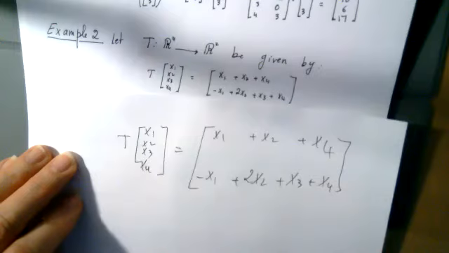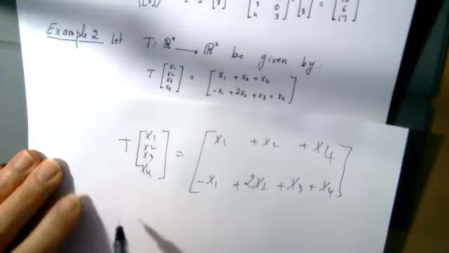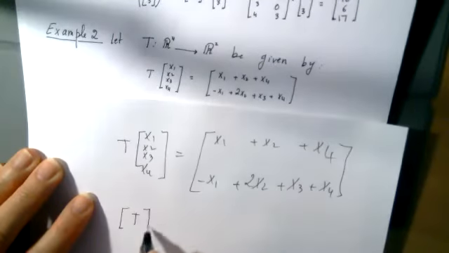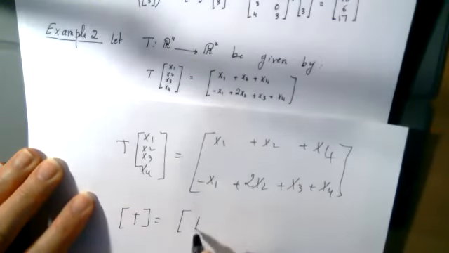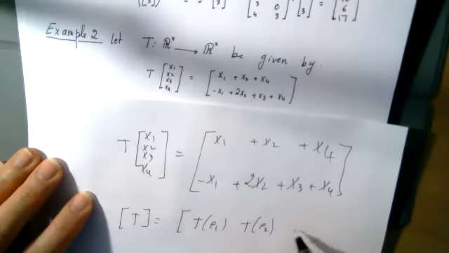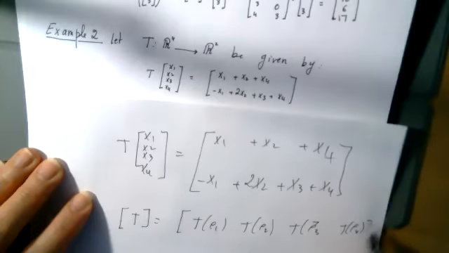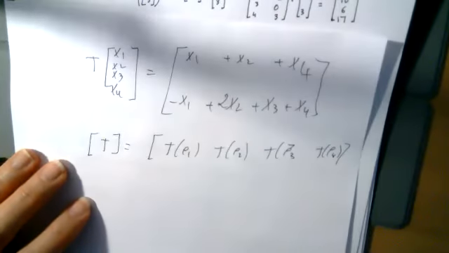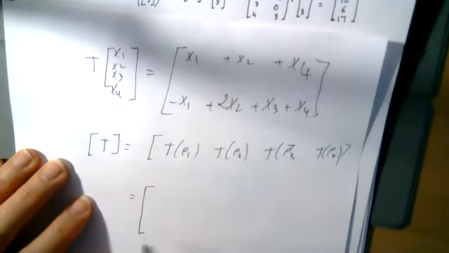Okay, so I'm going to do it a different way, applying the previous problem. It means the standard matrix of T is T of E1, T of E2, T of E3, and T of E4.